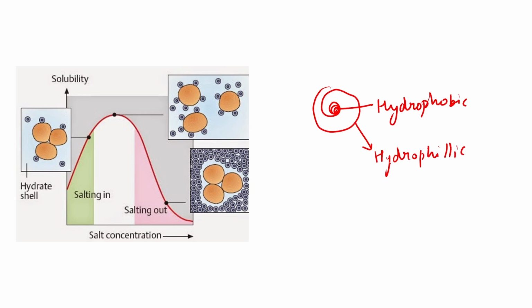So what is happening when we are adding a low concentration of salt? The water molecules are happily present around the protein like a shell. It's called a hydration shell. So this hydration shell is present.